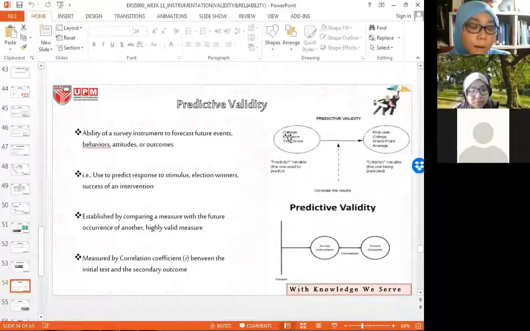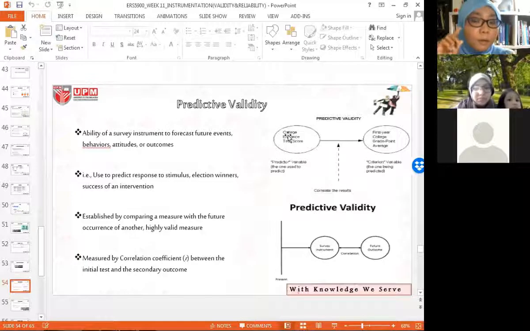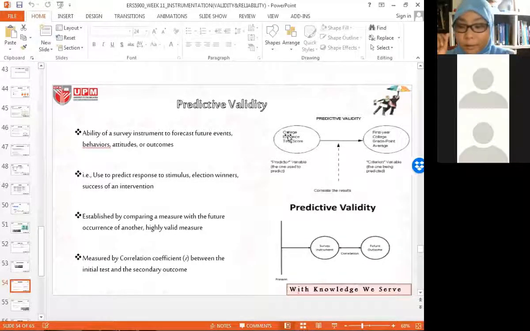For example, you attend one exam. Okay, for example, you want to predict that if let's say the candidate score well in the pre-examination test, they will determine your achievement during your degree, for example.